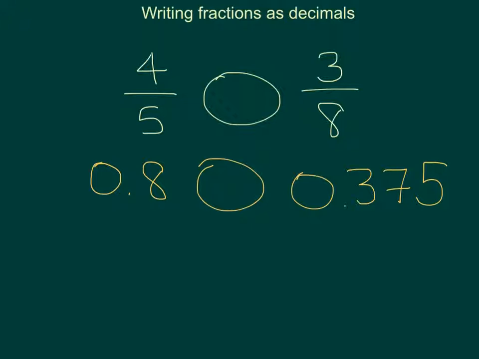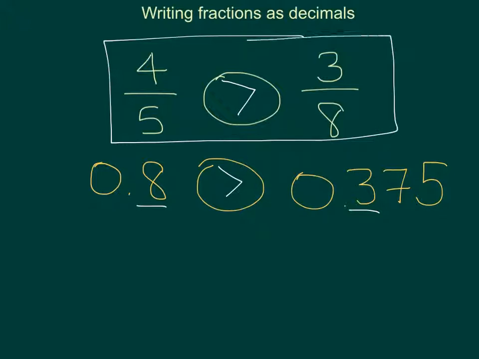So now you just look at your numbers. You have the decimal point, and then you compare the numbers after the decimal point. Whichever one is greater would represent that that fraction is greater than the other. You always want to make sure that you go back and write your answer in the original form. So 4/5 is greater than 3/8.